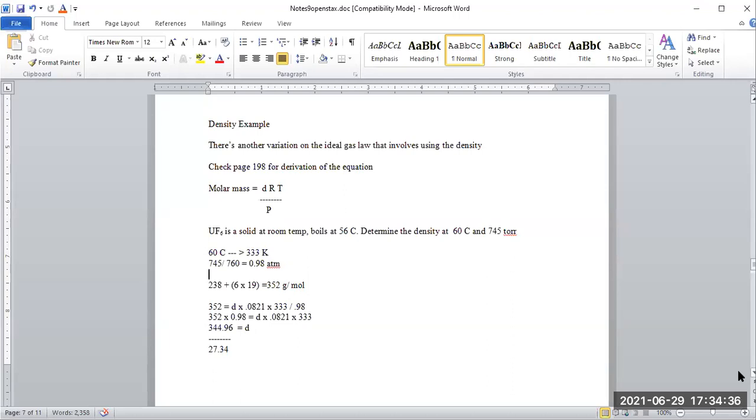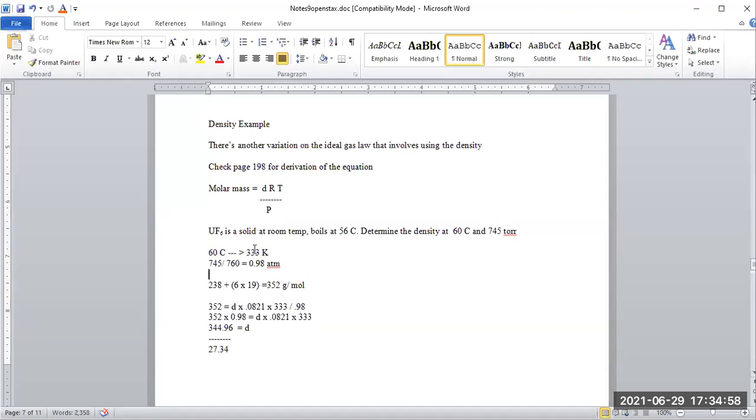However, you don't have to heat it up very high in order to get it to boil. So we want to find out the density at 60 Celsius and 745 torr.